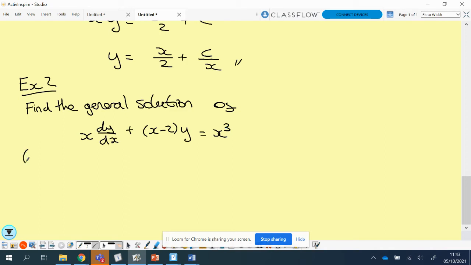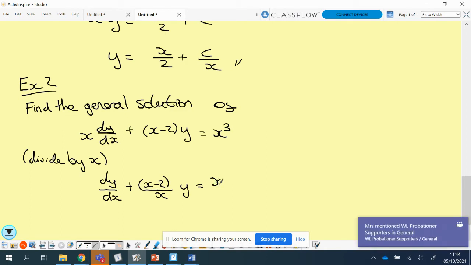So if I divide by x, I get dy by dx plus x minus 2 over x times y. If I divide x cubed by x, I get x squared. So that's now in the right format.